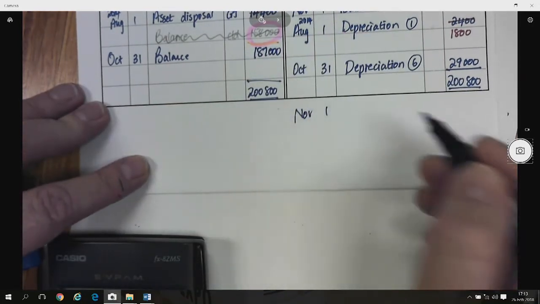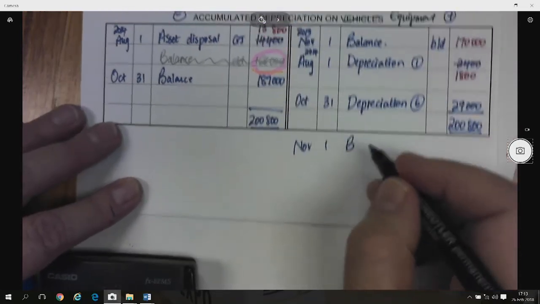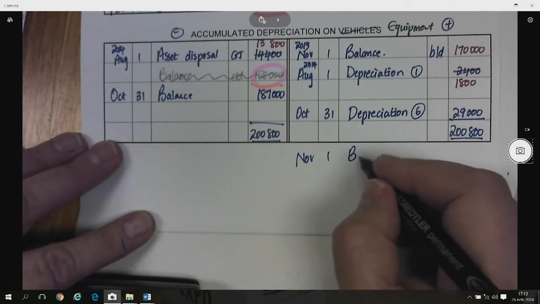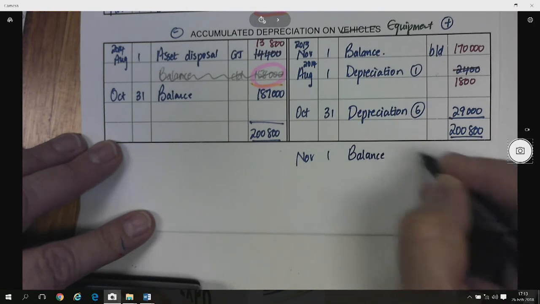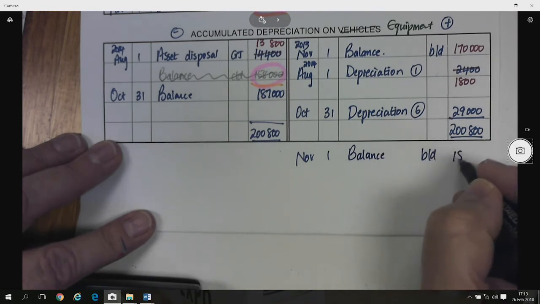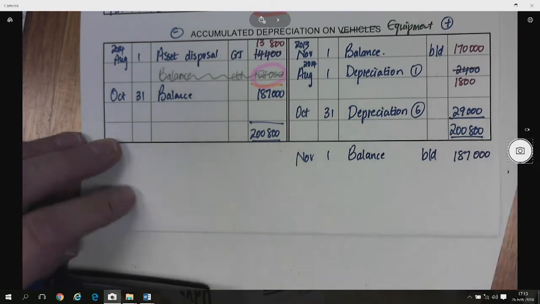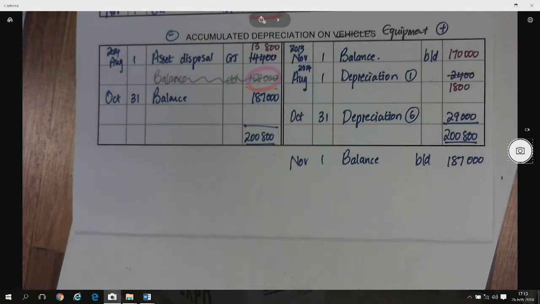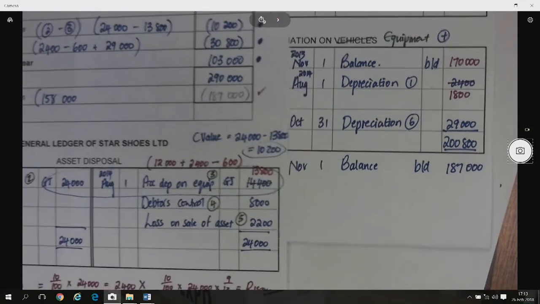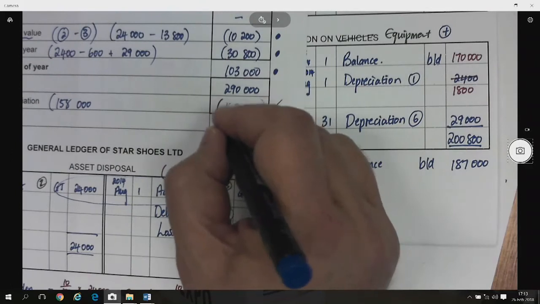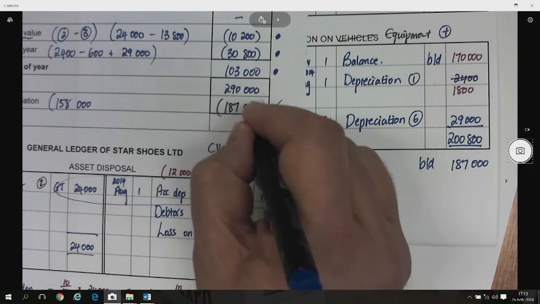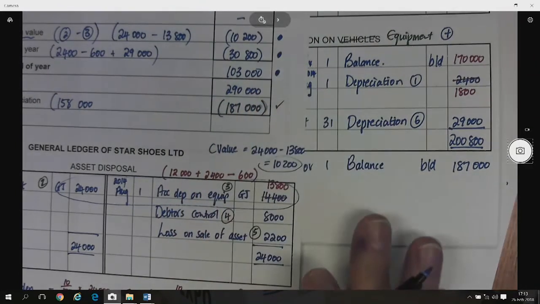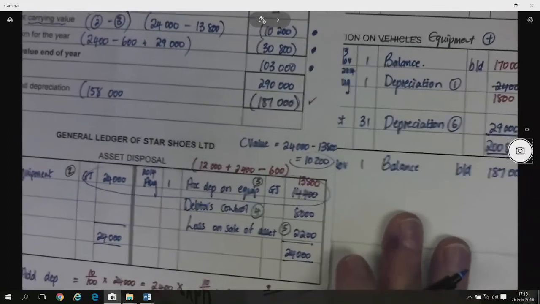November the 1st, balance brought down 187,000. And if you put it in your note, it was 100% correct, but remember most of the time it's not. And let's see the calculation for this.